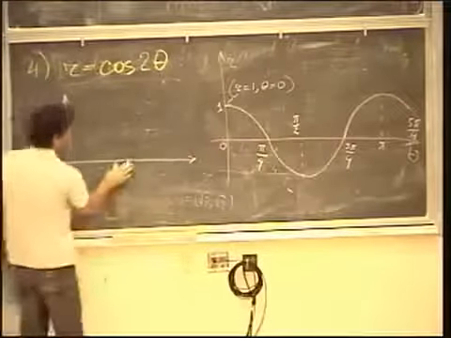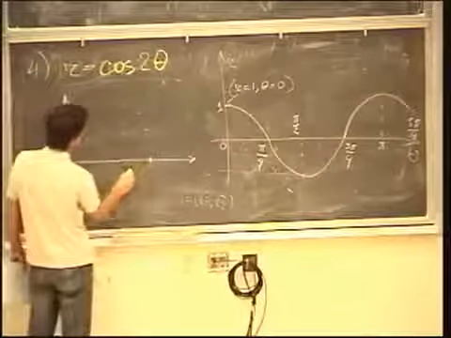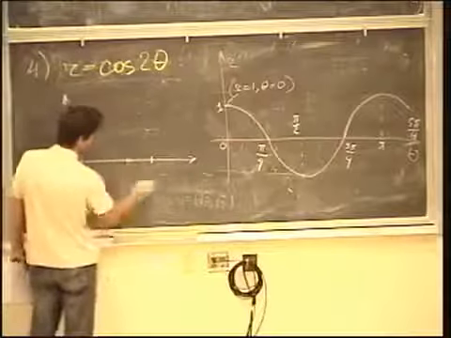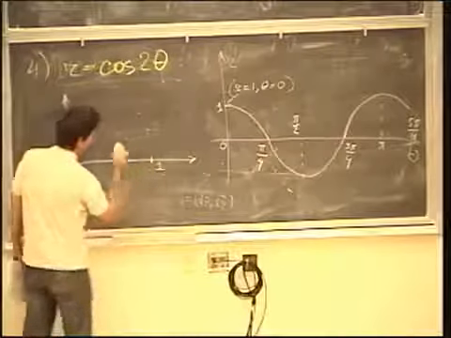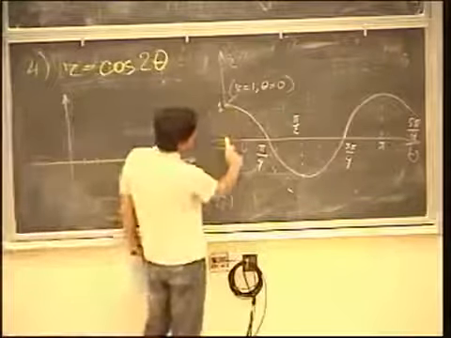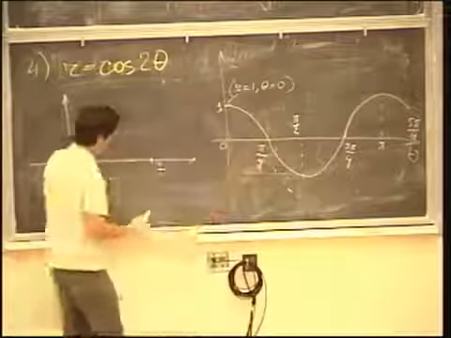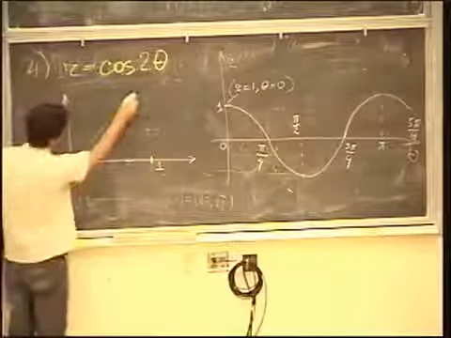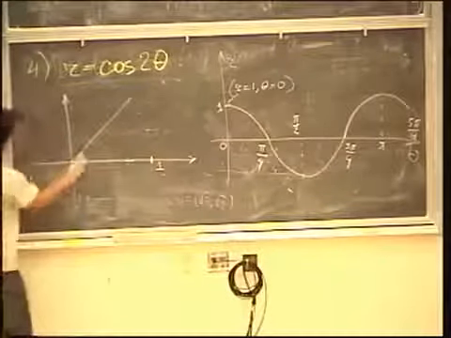That's your point. Or even to make it nicer, let's start here. That's our point. That's 1. What happens next? What happens next is we are increasing the angle from 0 to pi over 4. What is pi over 4? Pi over 4 is sort of this bisector. That's pi over 4.